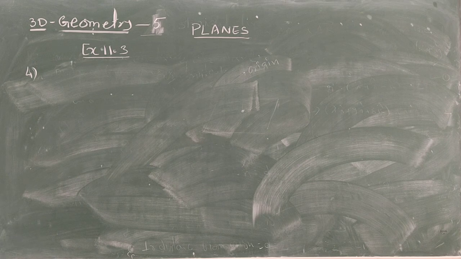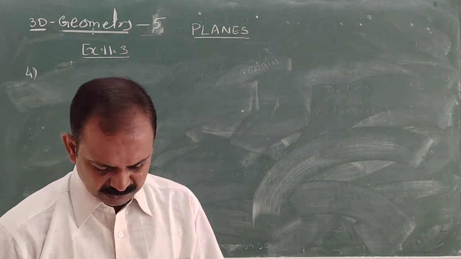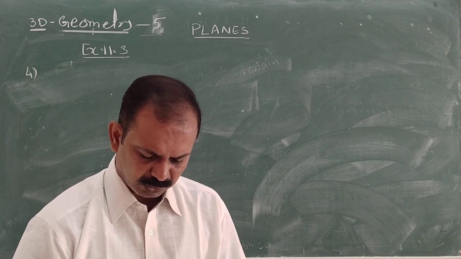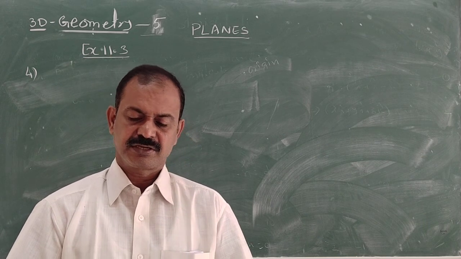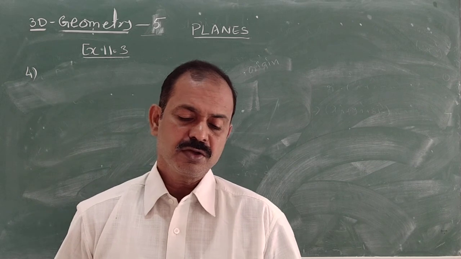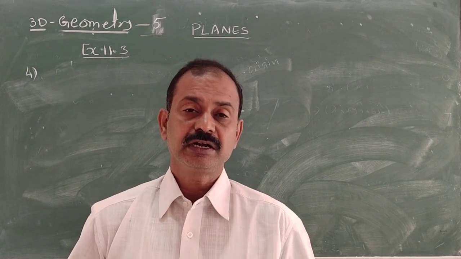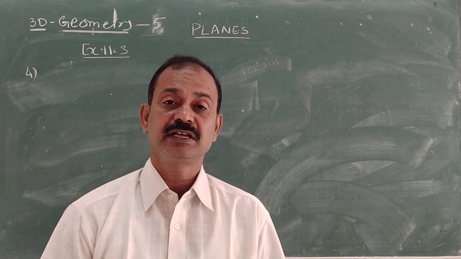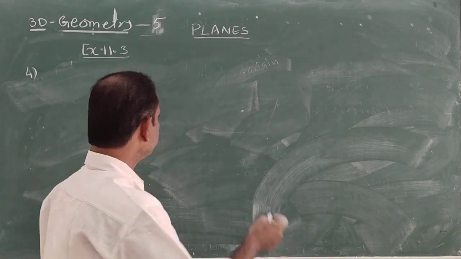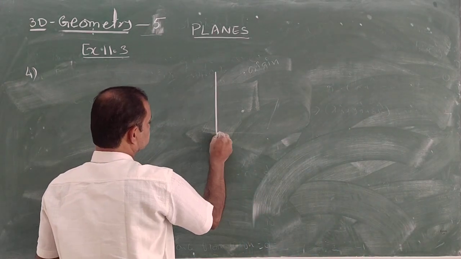The next one is the fourth one, that is, in the following cases, find the coordinates of the foot of the perpendicular drawn from the origin.